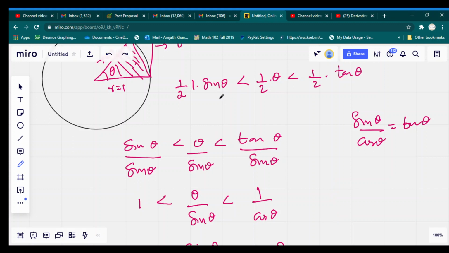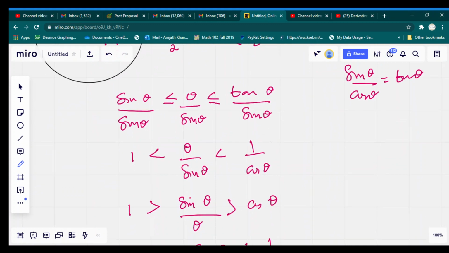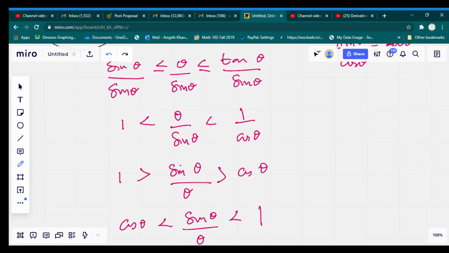This inequality also holds with the equality symbol, because we need to let theta approach 0. Now we can apply the limit here.